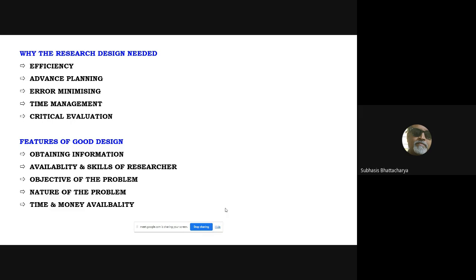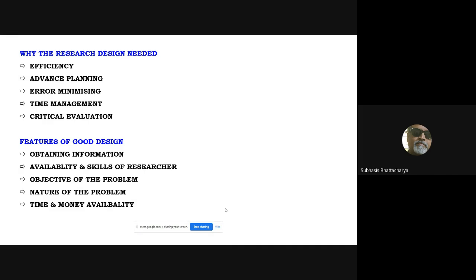These are the common features of different research designs. For example, in an exploratory or formulative study, where the major emphasis is on the discovery of ideas and insights, a flexible research design is the most appropriate.